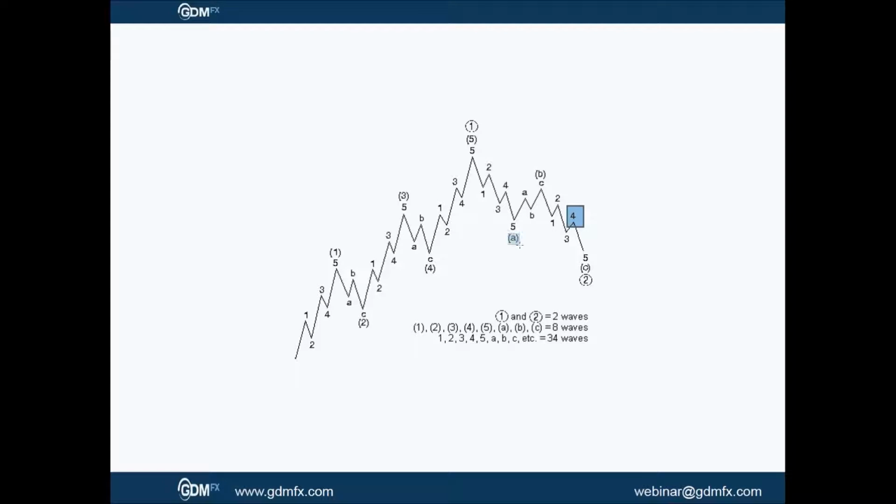Which means waves A and C here are impulsive, trending in the same direction as wave 2, which is on a larger scale. Now wave B here is, can anybody guess? This points upward and is composed of 3 smaller waves, A, B, and C. This construction discloses, as we mentioned, this crucial part.